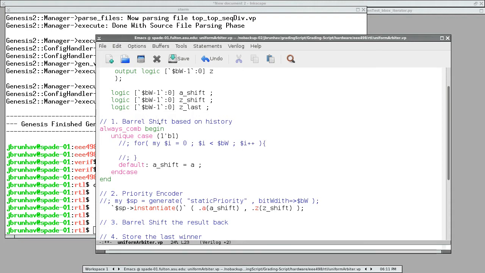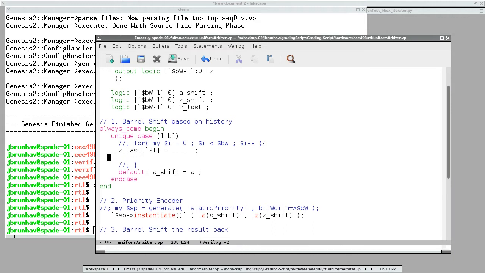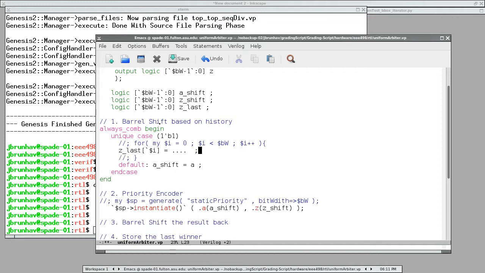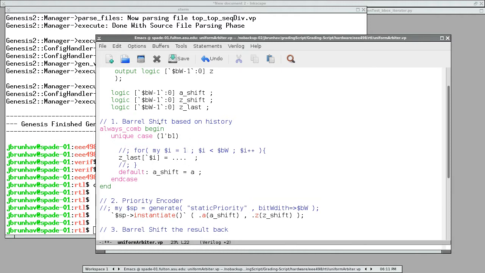And so the case is if z_last[i], so that is the last winner. So what we put here is the resulting expression. Now I think I actually want to skip case 0 because that would be an awkward one to write. Because if z[0] is 1, that means the lowest priority one.